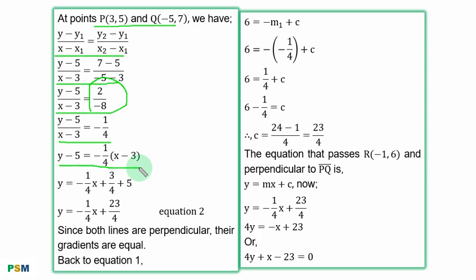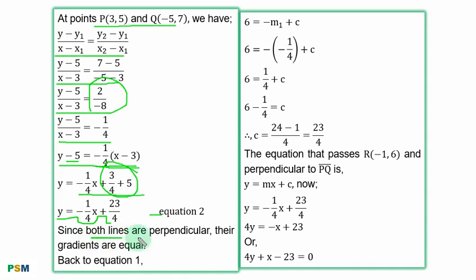Remember, we are targeting y equal to mx plus c. At this point, you open this bracket and you transfer minus 5, it becomes plus 5. If you add these two terms, you have 23 over 4. So y is equal to minus 1 over 4 times x plus 23 over 4 as equation 2.